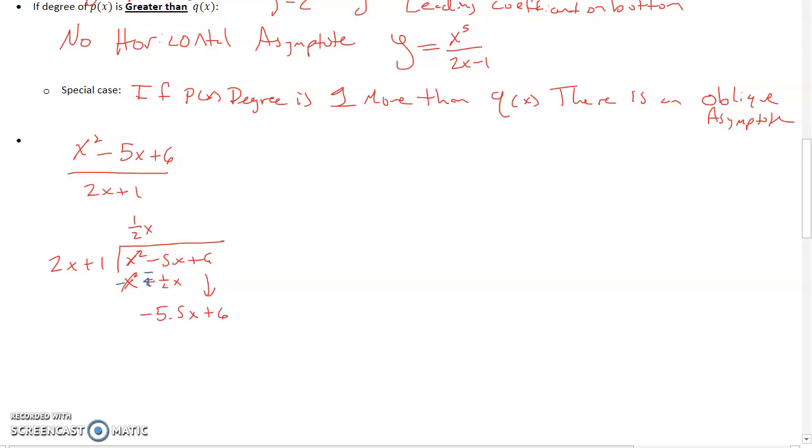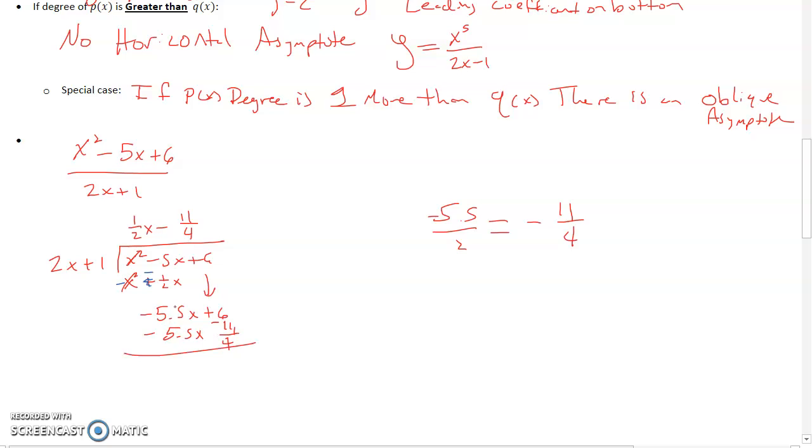What I'm going to do is negative 5.5 divided by 2, which gives me negative 11 over 4. So I'm going to multiply by negative 11 over 4, and that sounds crazy, but negative 11 over 4 times 2 gives me negative 5.5x. And then negative 11 over 4 times 1 is minus 11 over 4.